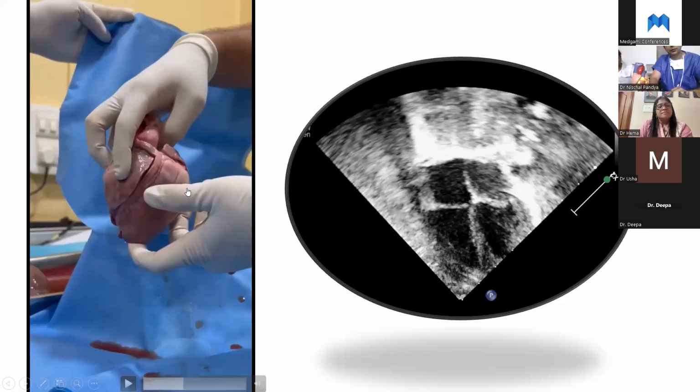This is the obtuse margin of the heart, the lateral margin of the heart, and there are the circumflex branches. The veins that go along these branches are the small cardiac veins. Posteriorly, it will all drain into the coronary sinus, and the posterior interventricular septum will have the little cardiac vein there.